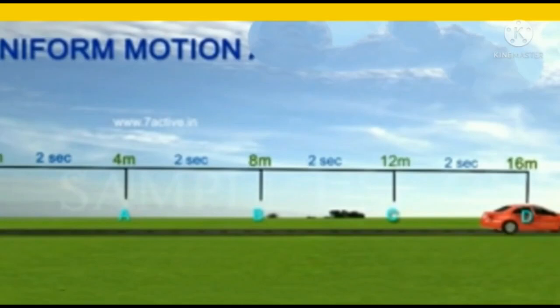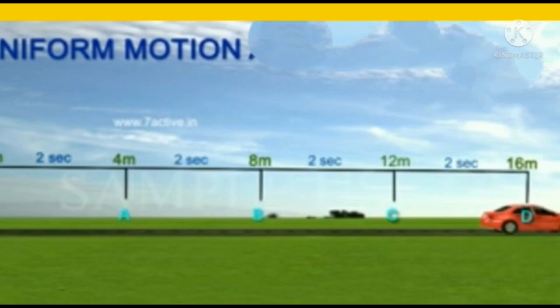A car is moving in various time intervals, various distances. For example, in the first 2 seconds, the car travels 4 meters. In another 2 seconds, the car travels from 4 meters to 8 meters. In another 2 seconds, from 8 meters to 12 meters.